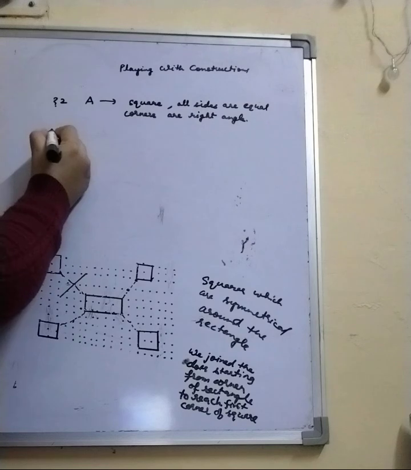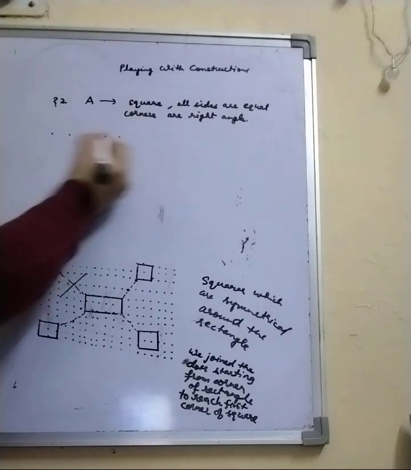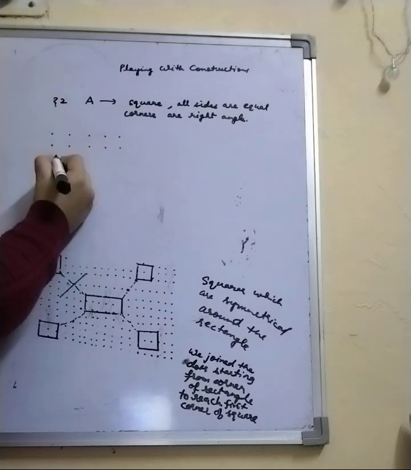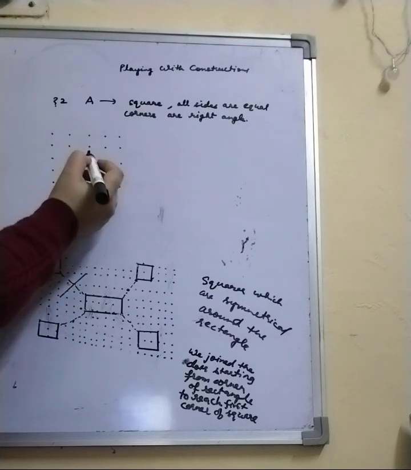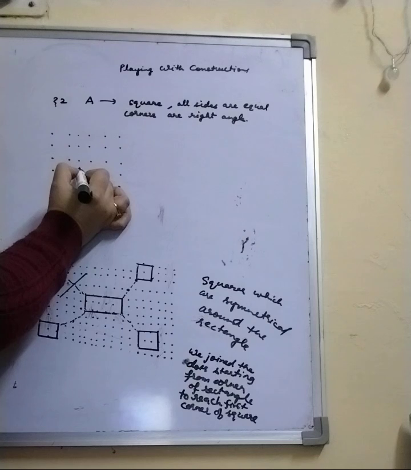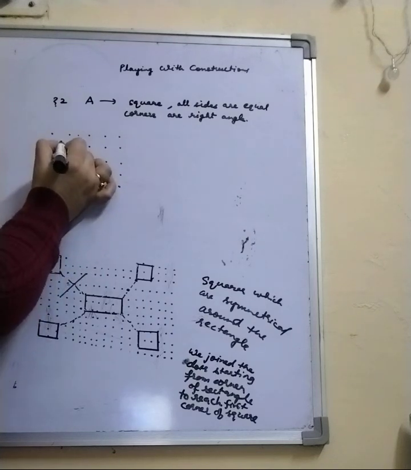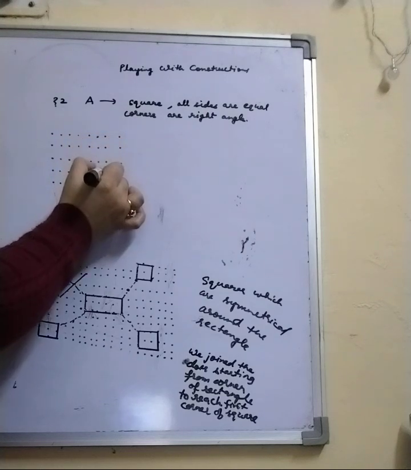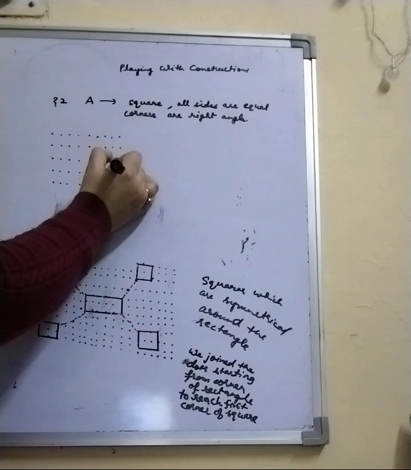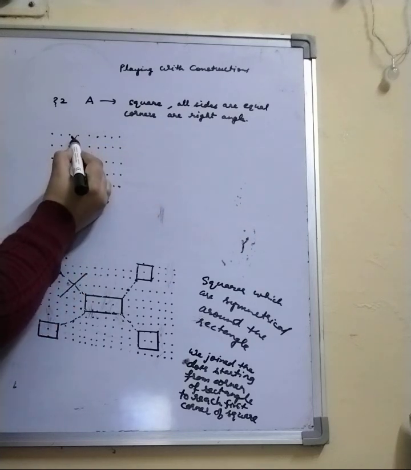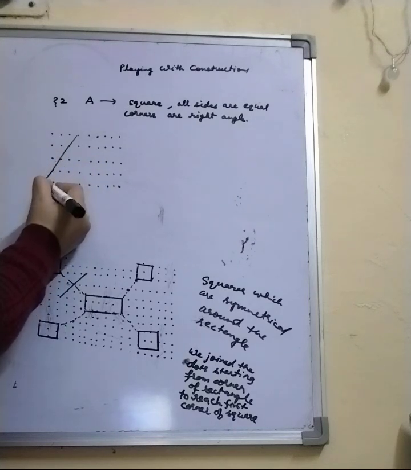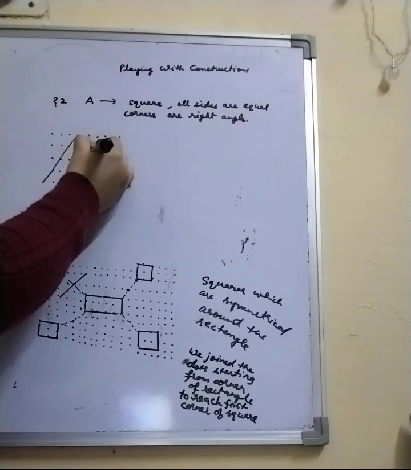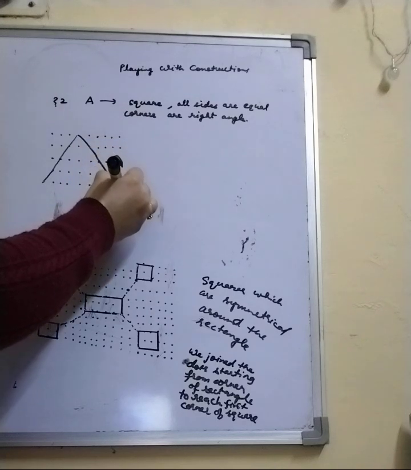The figure is like this if I join the dots. 3 4 and one more point it is joining like this, 5, and similarly 1 2 3 4 and then 5.